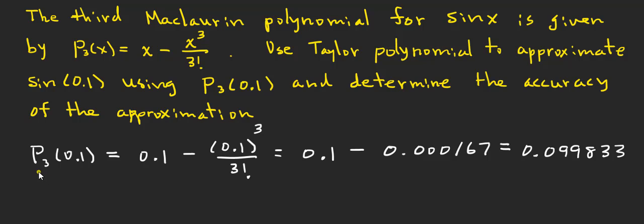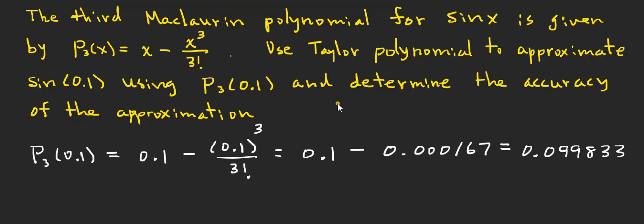Now for p sub 3 of 0.1, instead of x, we need to substitute 0.1. If they don't let you use a calculator, you could just stop right here. But if they let you use a graphing calculator, you probably want to evaluate this and give them 0.099833. So this is the approximation of sine of 0.1.